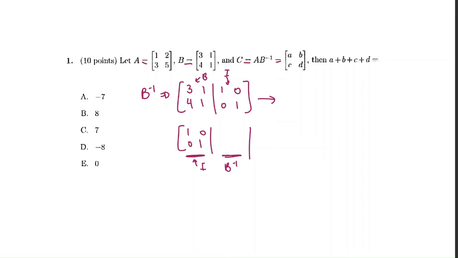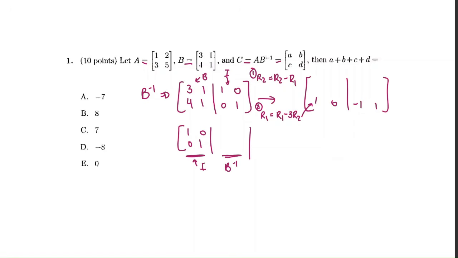So when we row reduce, we can first do row 2 equals row 2 subtract the first row. And that will give us 1, 0, negative 1, 1. So we'll first do this row operation, and then afterwards we'll do row 1 equals row 1 minus 3 times row 2, where row 2 is now this new row.